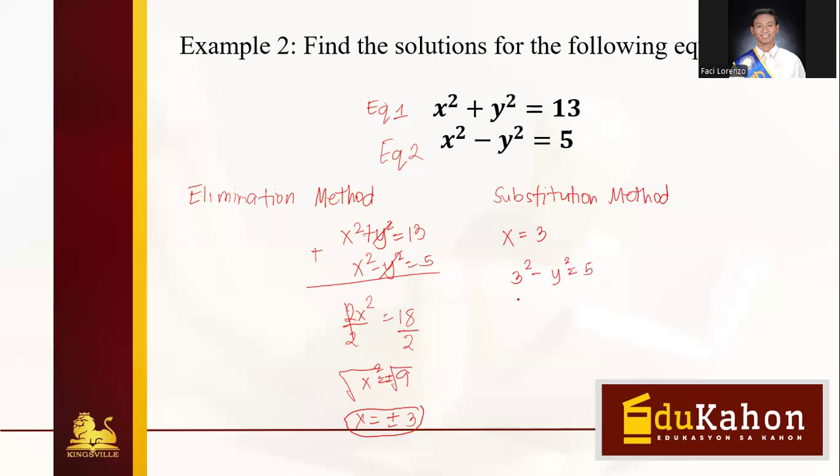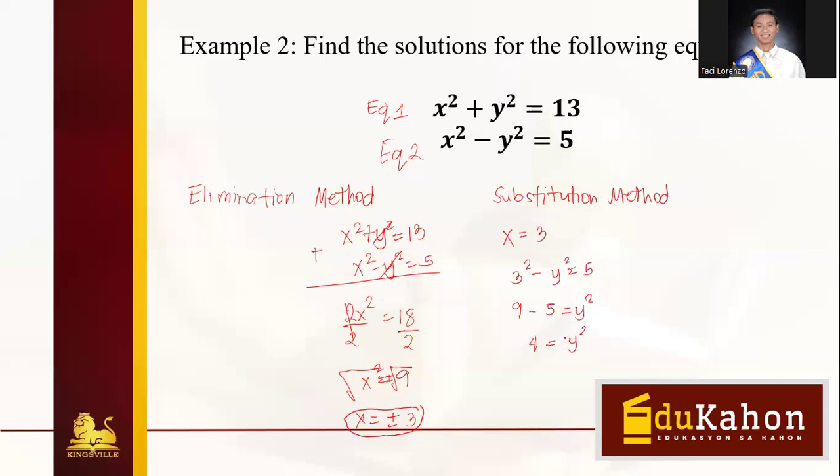And we know that 3 squared is 9. And we transpose 5 to the left side, so this becomes 9 minus 5. And we transpose negative y squared to the right side, so this will be y squared. So 9 minus 5, that is already 4, and this is y squared.